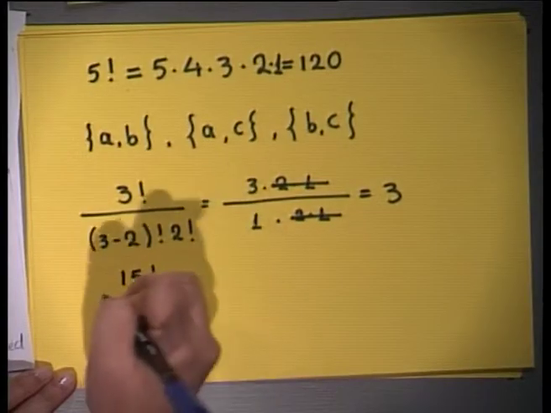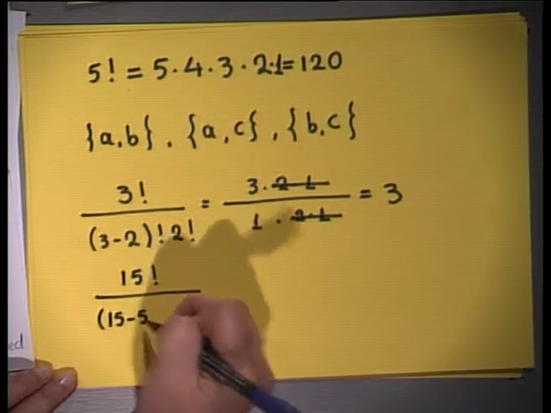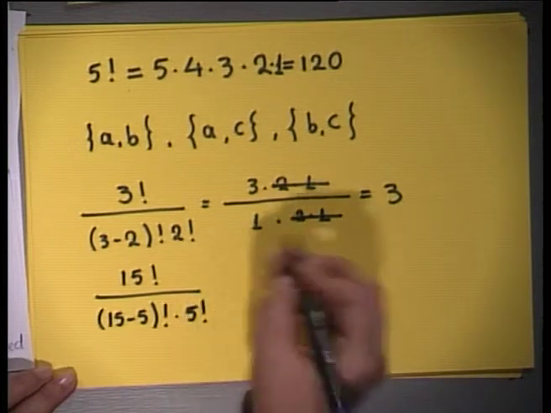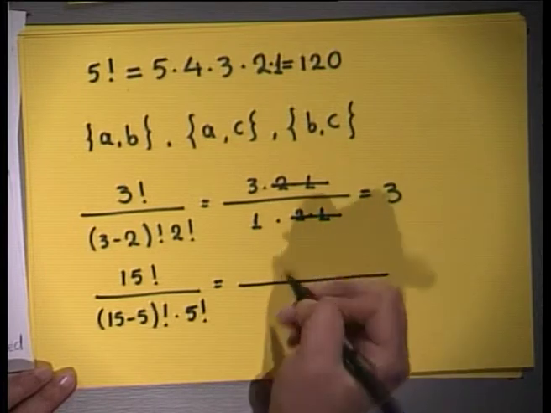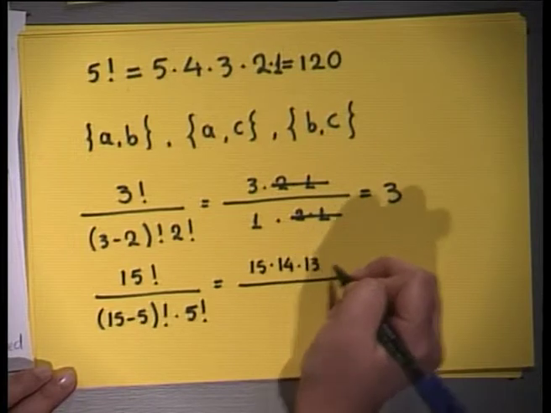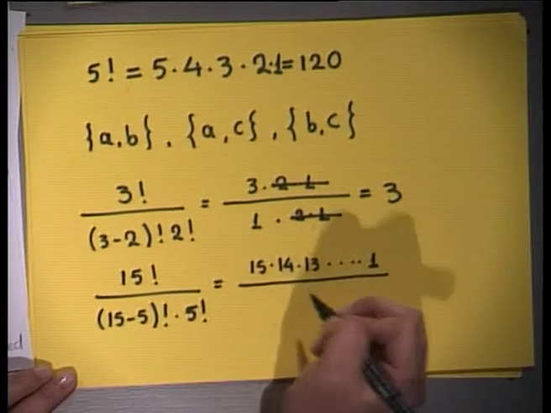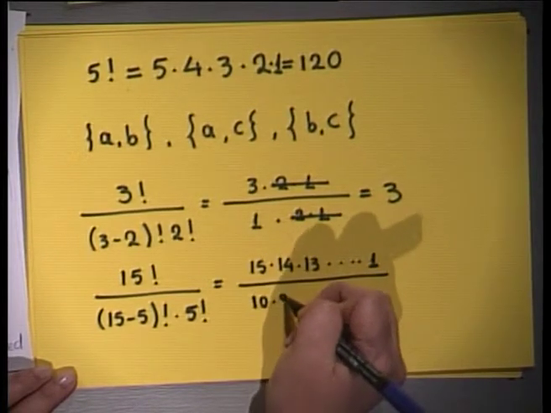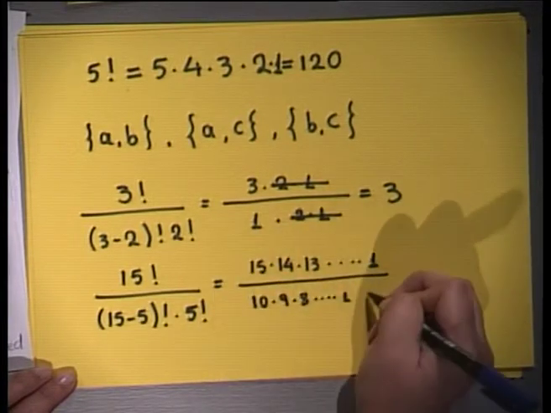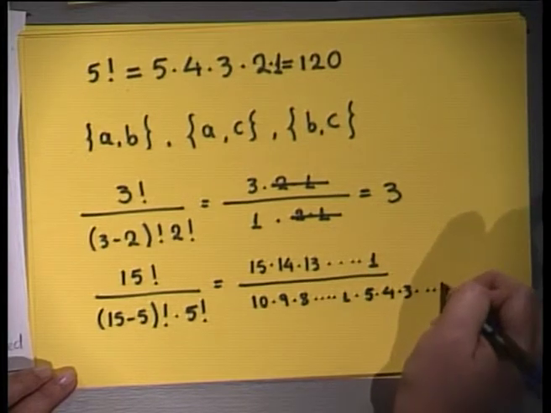So we have 15 factorial divided by 15 minus 5 factorial times 5 factorial. Now this will be 15 times 14 times 13, and so on, up to 1. This is 10 times 9 times 8, up to 1. And this is 5 times 4 times 3, up to 1.